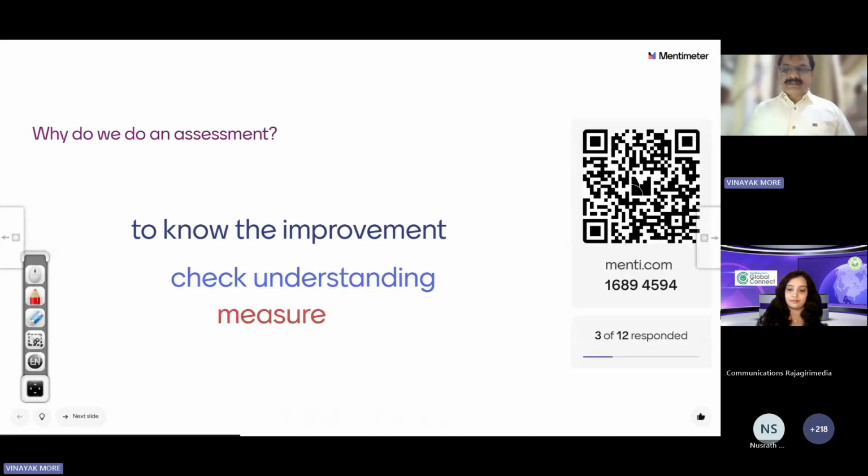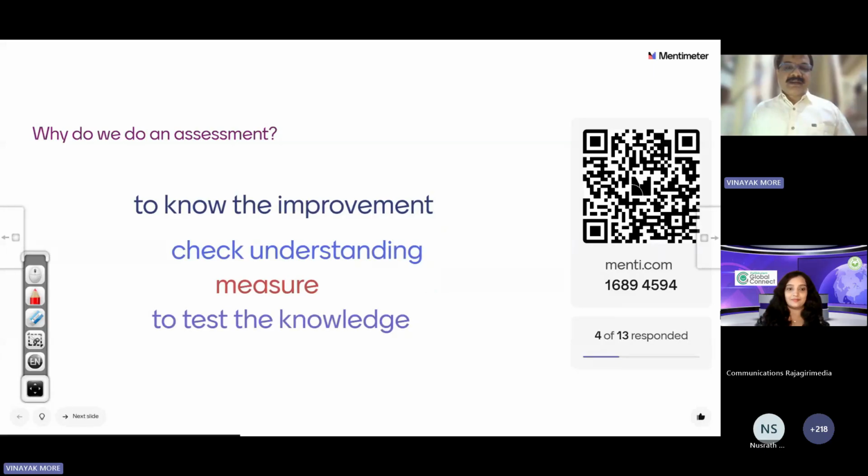So now these answers are popping up. To know the improvement, to check understanding, to measure, to test knowledge. Correct. Very good.